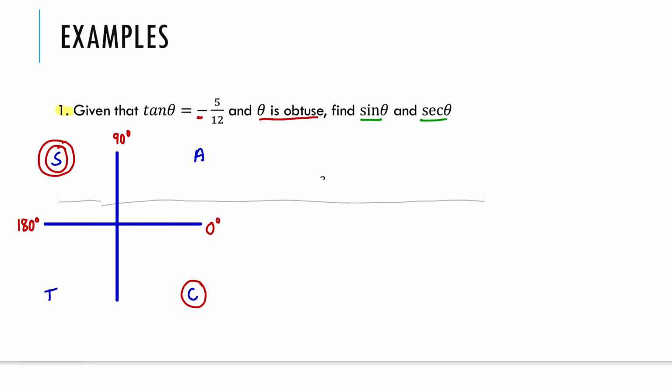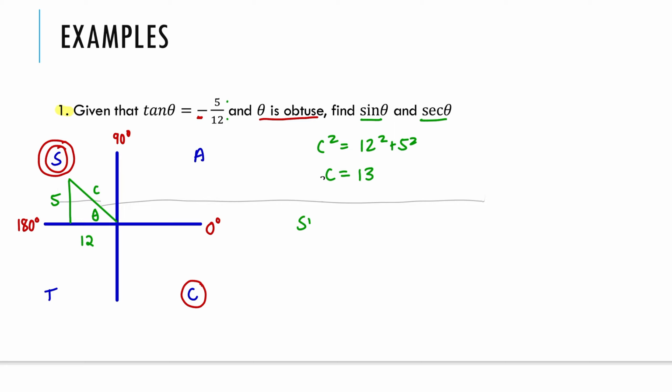Remember, our first step is to draw our triangle. So here I've got theta. Now remember, I've got opposite over adjacent. So here, our C value is going to be equal to the square root of 12 squared plus 5 squared, which thankfully gives us an integer of 13.